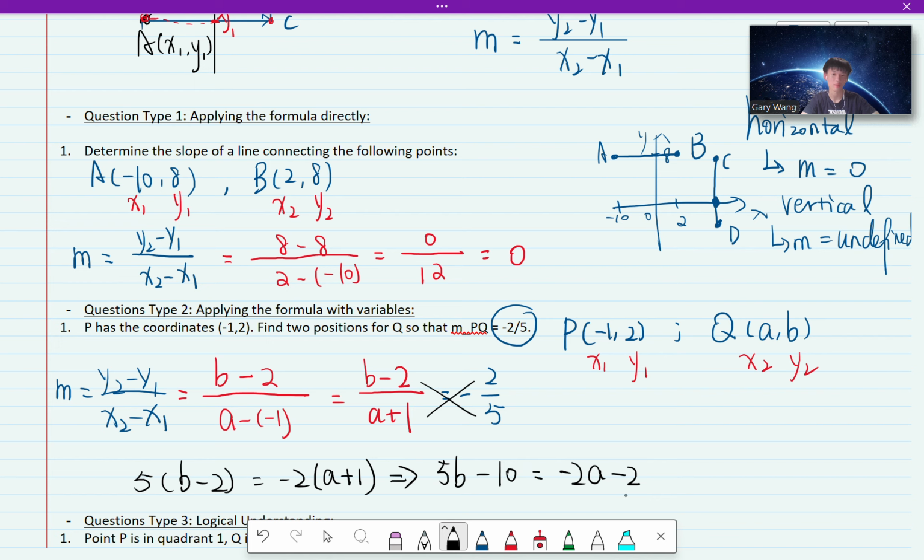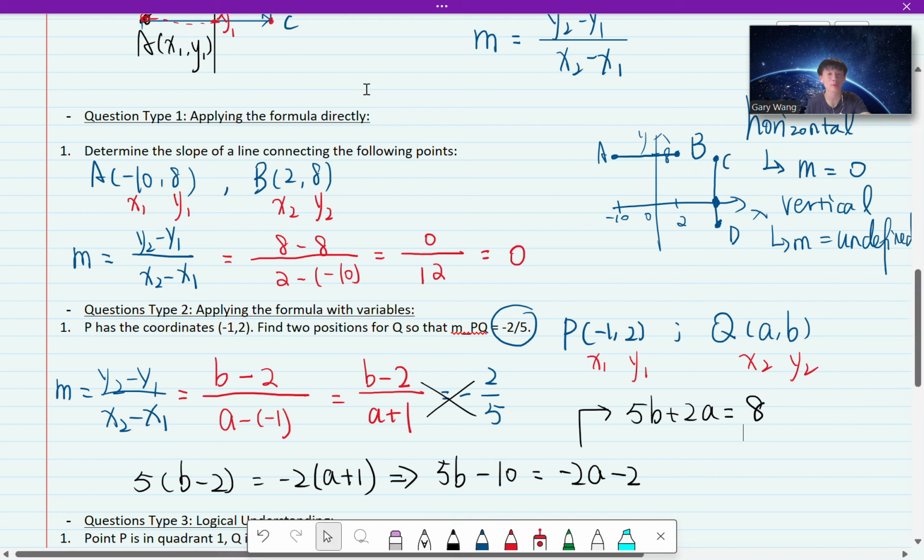If we move the variables to one side, we will get 5b plus 2a equal to -2 plus 10, which is 8. So now this question transforms from a coordinate geometry question to an algebra question, an equation with two variables.